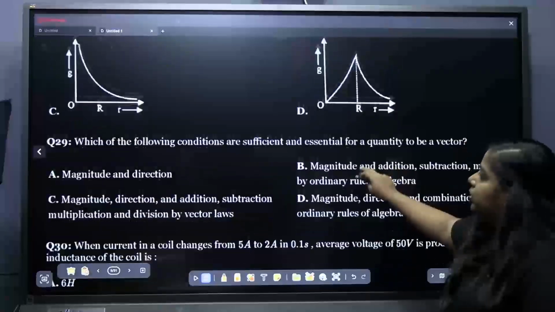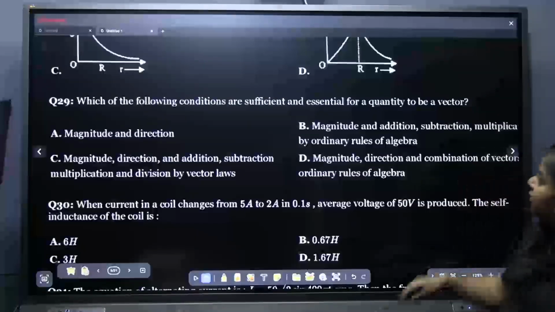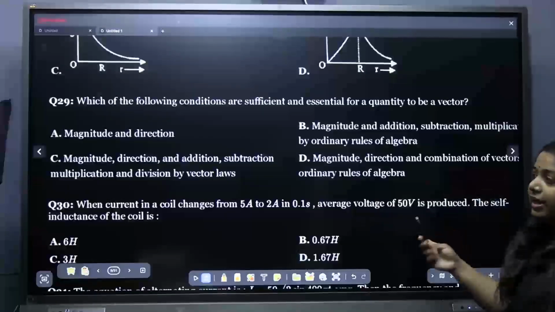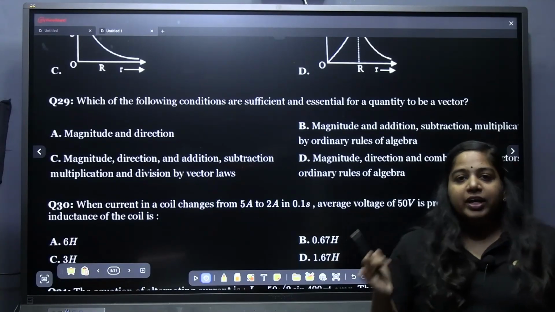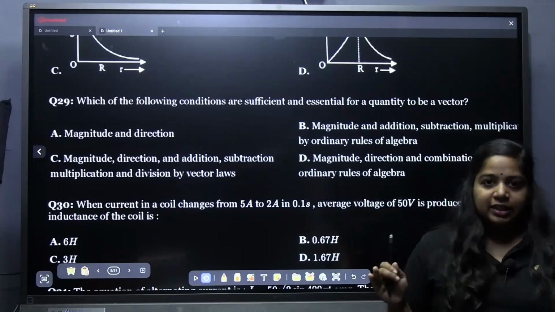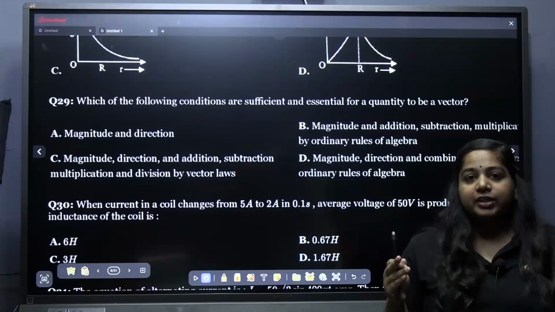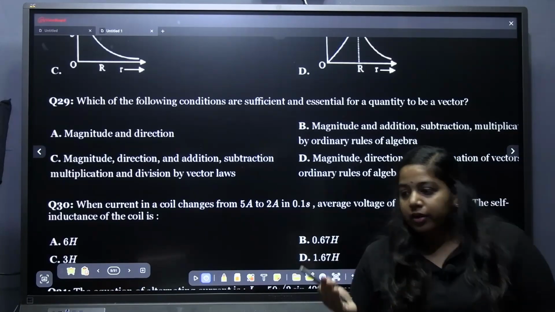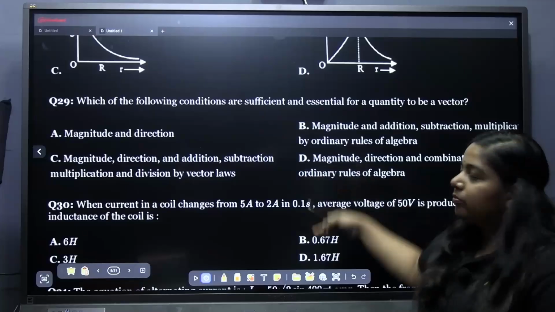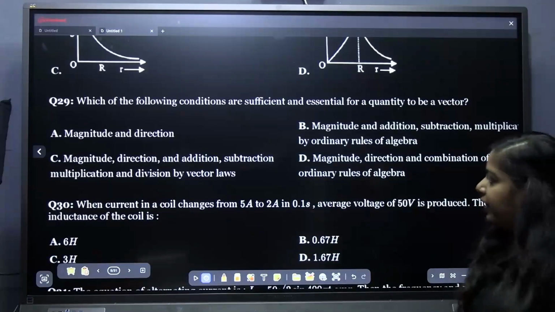Next one, question 29. Which of the following conditions are sufficient and essential for a quantity to be a vector? Magnitude and direction are essential, but one more is essential, that is it should obey the vector law of addition, the parallelogram law or triangle law. So option A is not the answer.